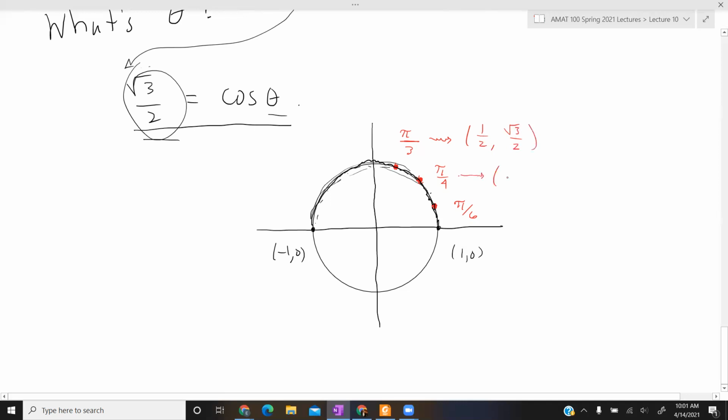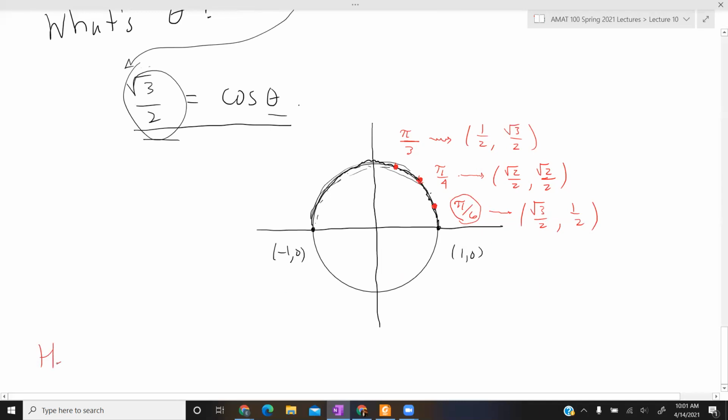This corresponds to (root 2 over 2, root 2 over 2), and then this one corresponds to (root 3 over 2, 1/2). And so clearly this is going to be the theta we're interested in, because the x coordinate corresponding to this is root 3 over 2.